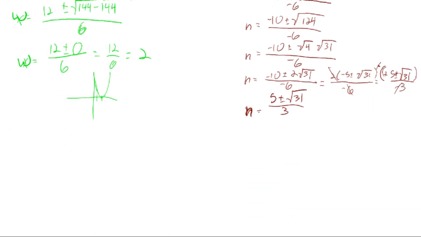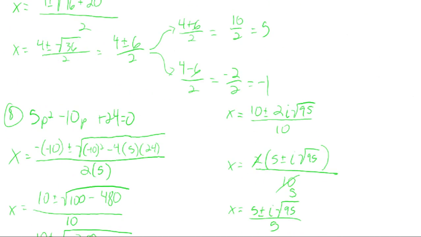And we have run out of room, so let's go up here. All right. Number 22. That's z squared plus 15z plus 24.